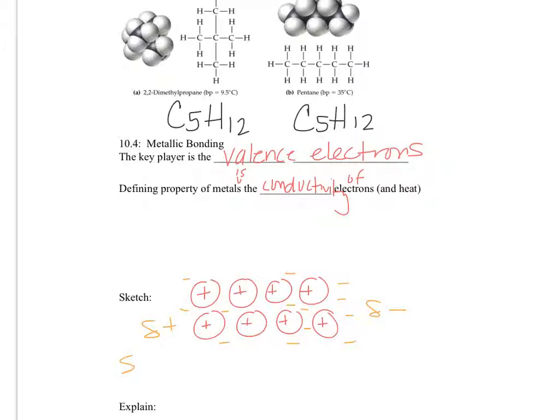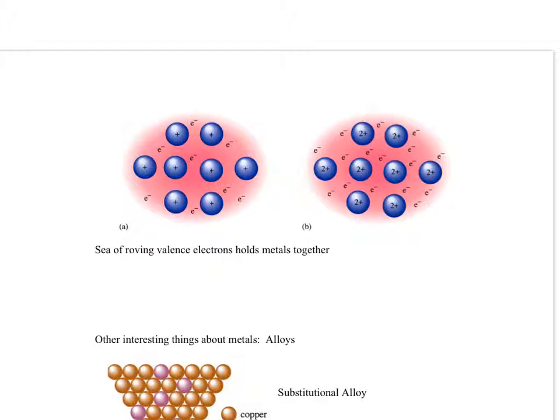And that's due to the sea of moving electrons. And that is basically the explanation for what's happening there. Okay, and here's actually a nice picture, probably nicer than the one that I drew, of exactly what I just told you. So you've got your metal ions, the electrons are constantly moving, and one side becomes slightly positive and the other becomes slightly negative.